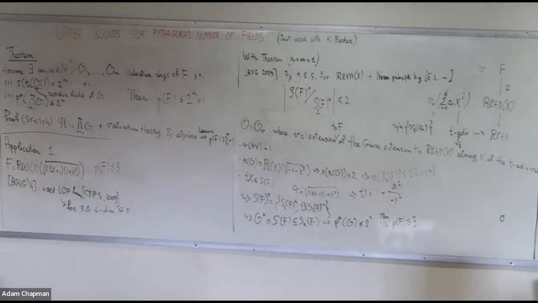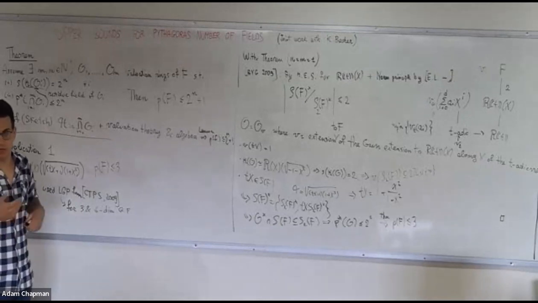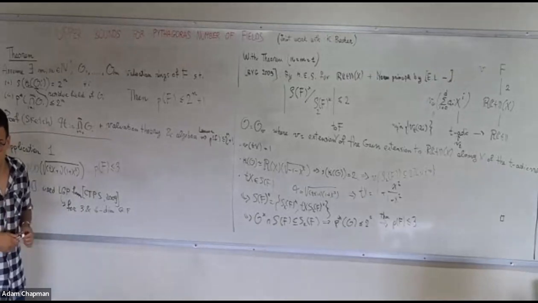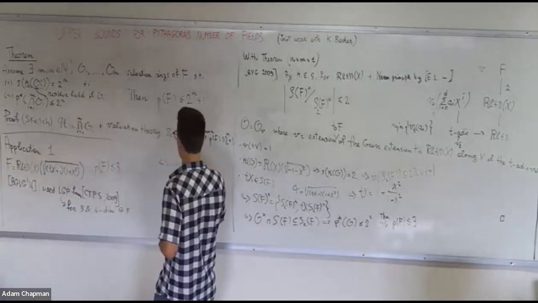So the fact is that you can translate the Pythagoras number, given by a form, into isotropicity of a specific quadratic form. So of the form this, right?